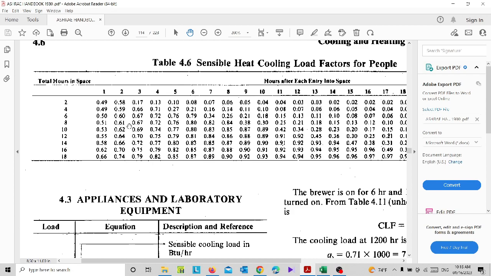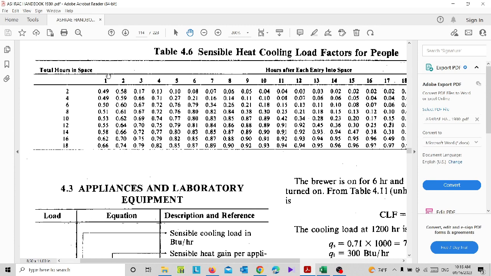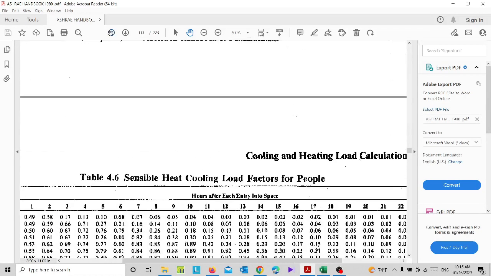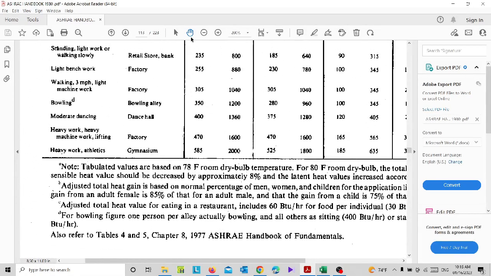I hope you understand this example. This is hours after each entry into space: after how many hours another person or group of people enters that space. And this one is how many hours an existing group is spending inside that space. But the maximum value of the CLF factor is one only.